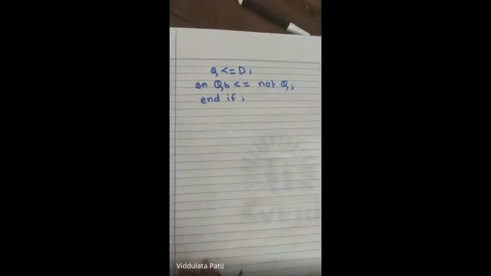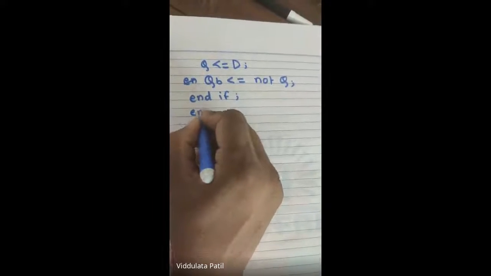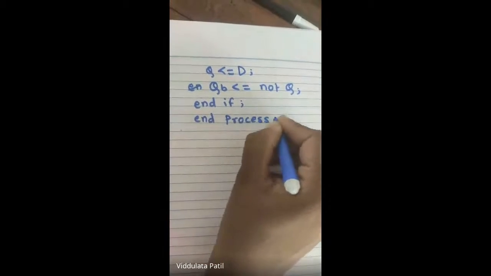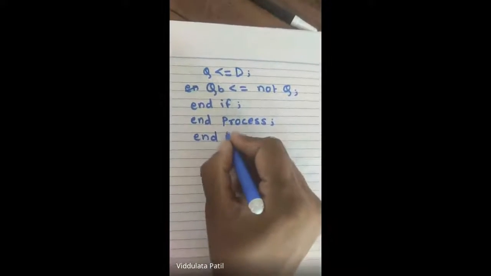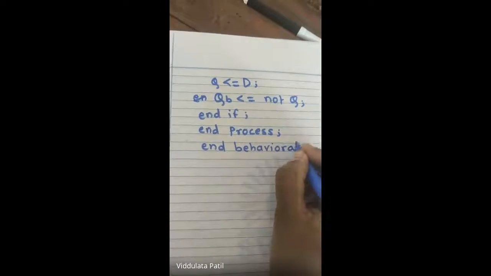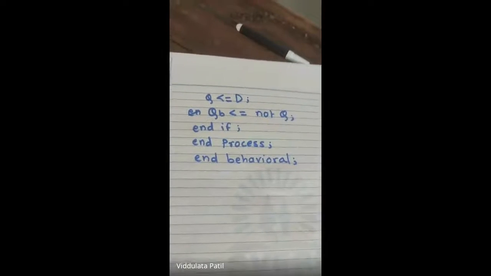So end of if statement, then end of process, and end of behavioral. Okay, so this is the code for the D flip flop.